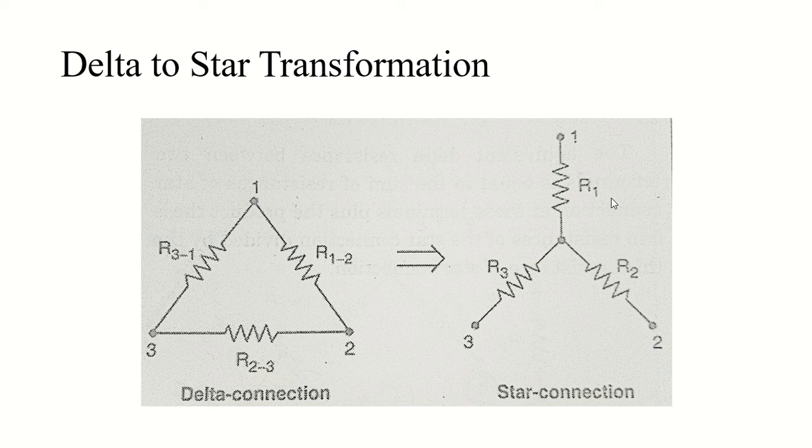So it should also be 5 ohm. That is the primary condition it must satisfy in order to convert my delta connection into a star connection.